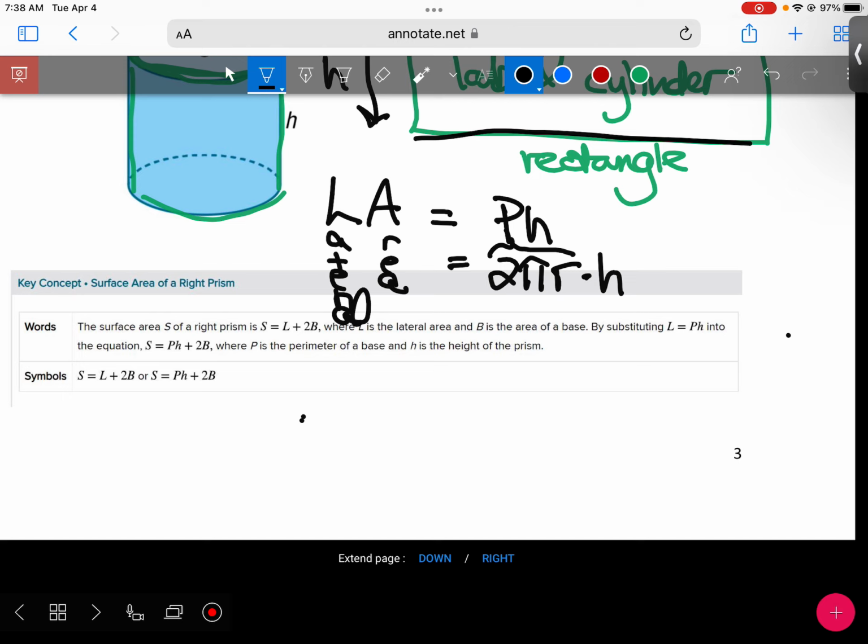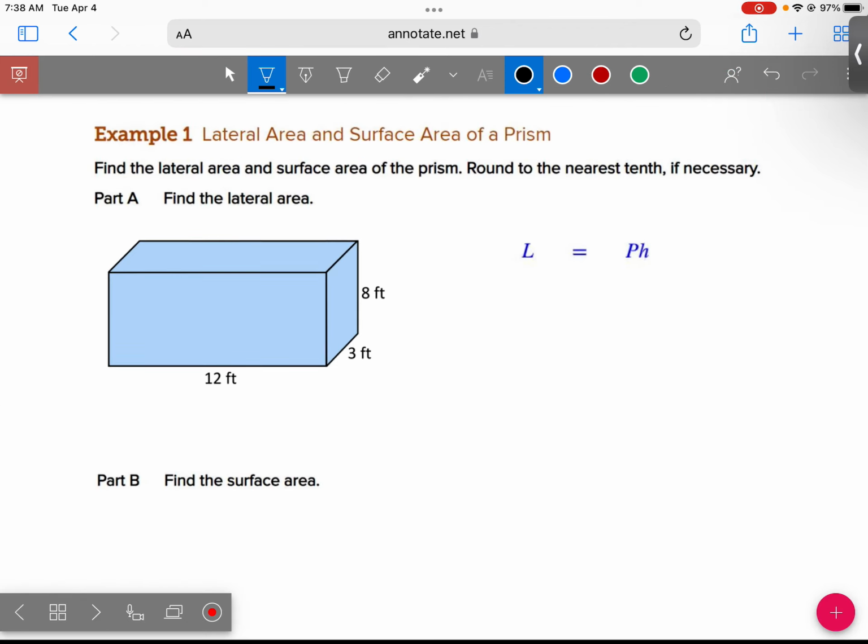So surface area S of a right prism, which just means all the edges are going straight up, is the lateral area plus 2 bases, where L is the lateral area, B is the base. Okay, let's go over here.